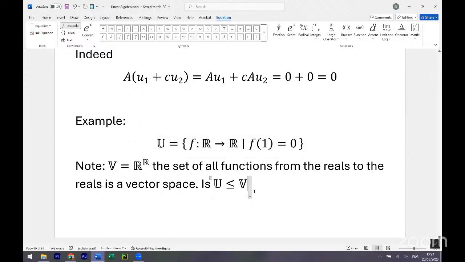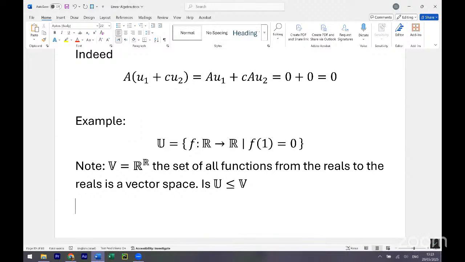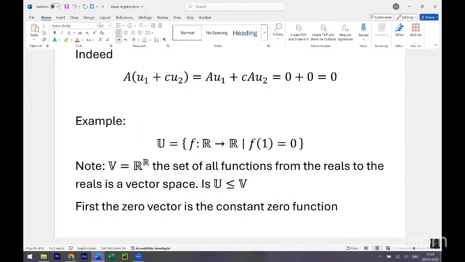So let us make sure. What is the 0 function? What is the 0 vector here? It is the constant 0 function where everything goes to 0. Every other function that you add to it, it won't change it at all, right?